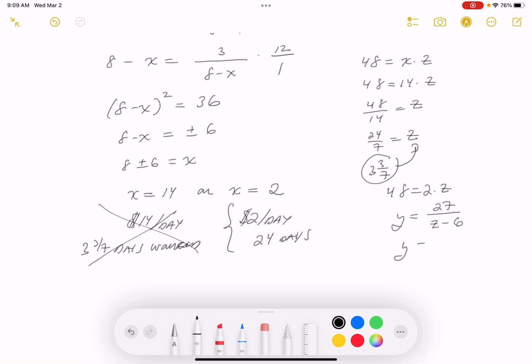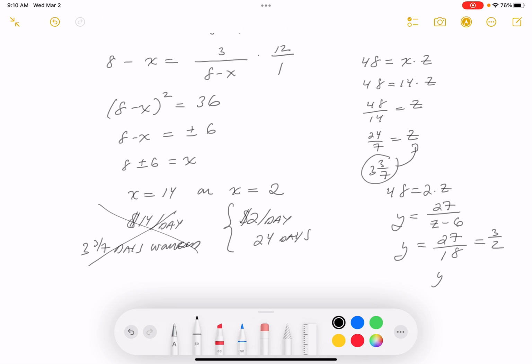It's Y equals 27 over 24 minus 6, which is 18. And what would that be? Let's see if I did that right. 24, 18. Let's see, 3, right? 9, 3, 2, 1.5.